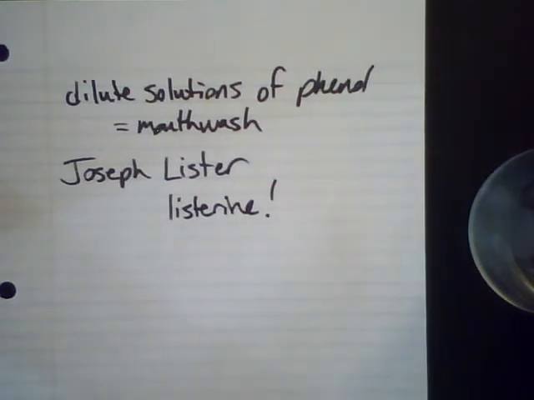Okay, it's also used in throat lozenges. So if you go home and you have some mouthwash or chloroseptic sprays or throat lozenges, cough drops, those will all have phenol as an active ingredient. And it was Joseph Lister that first figured out those antiseptic properties.